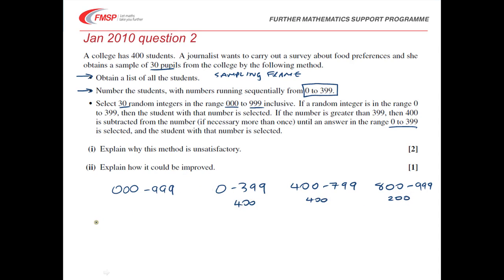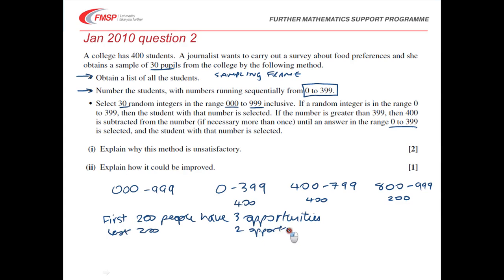So what that means is half of the people, the first 200 people, actually have 3 opportunities of being selected, whereas the last 200 have only 2 opportunities, because we sort of run out of numbers. Because there's only 200 in the last group.